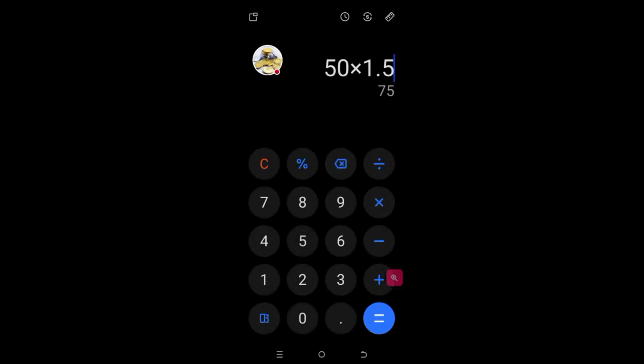Let's see, 1.44. 74 cents. Okay, something in this range. 47, 48. Yeah, 1.48%.